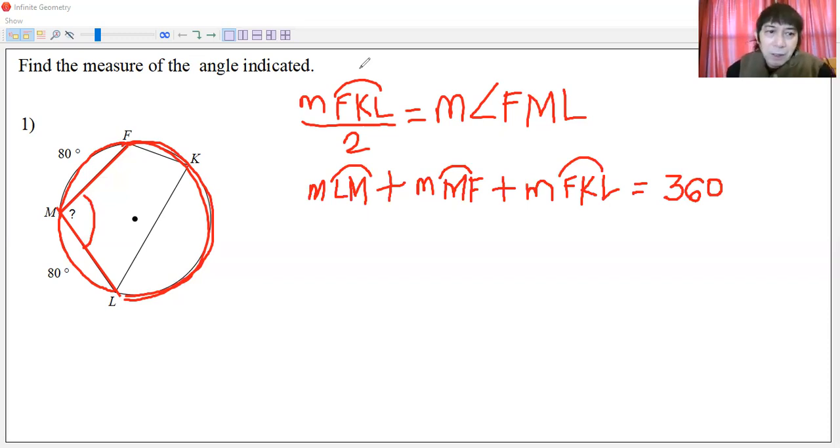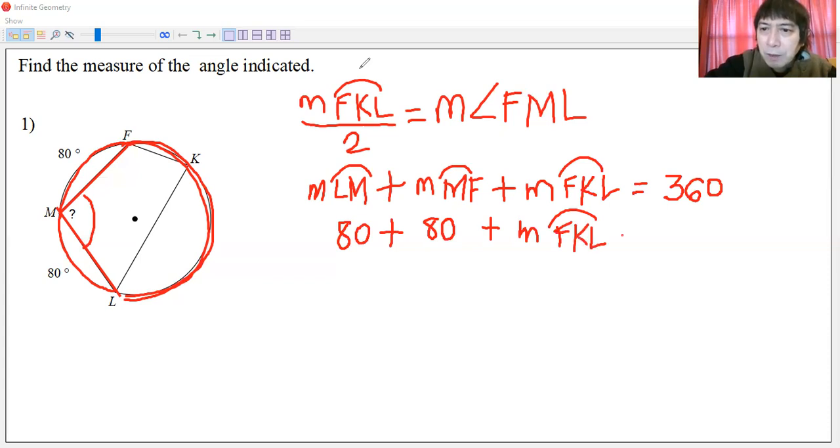All right, let's put the given. Arc LM is 80. Arc MF is 80 also. The remaining arc FKL is what we need. And this equates to one full circle, 360.